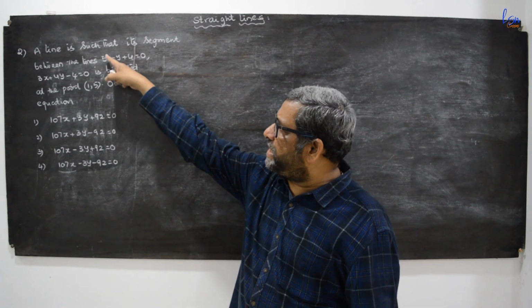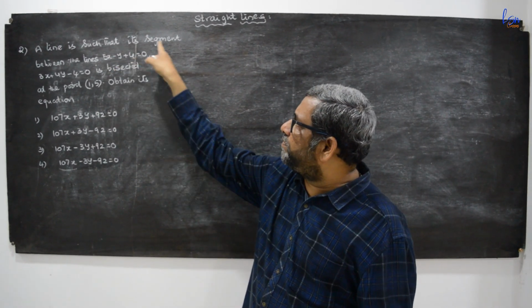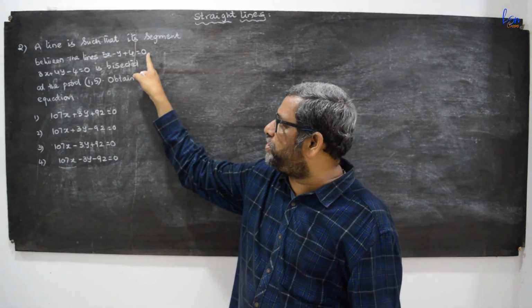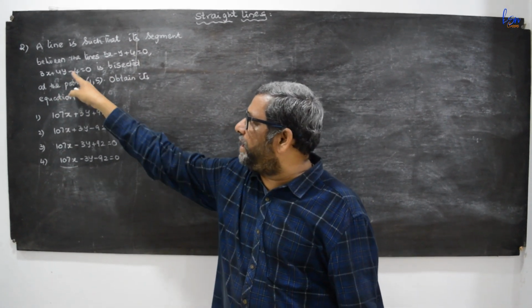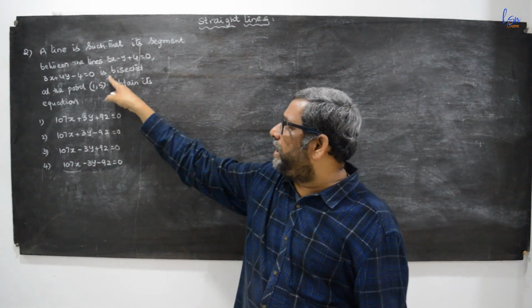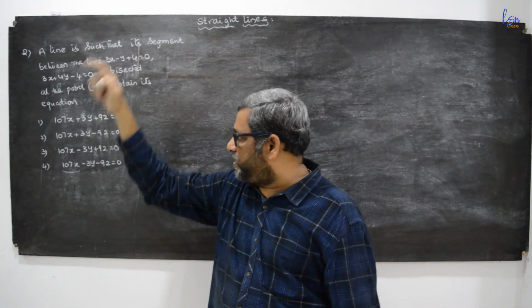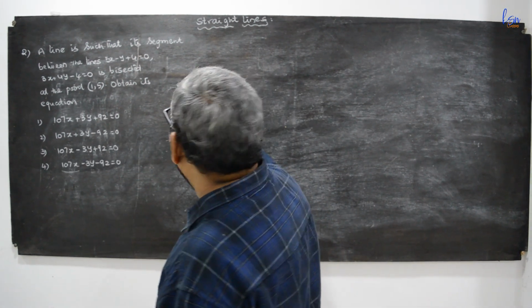Our second problem is: a line is such that its segment between the lines 5x minus y plus 4 equal to 0, 3x plus 4y minus 4 equal to 0 is bisected at the point (1, 5). Obtain its equation. Now solution.